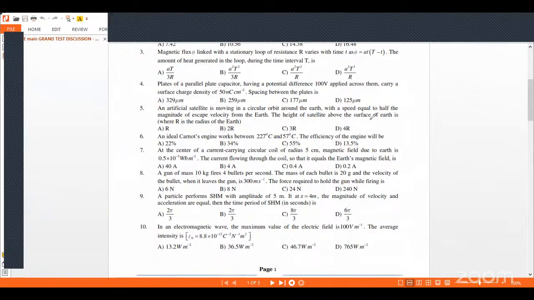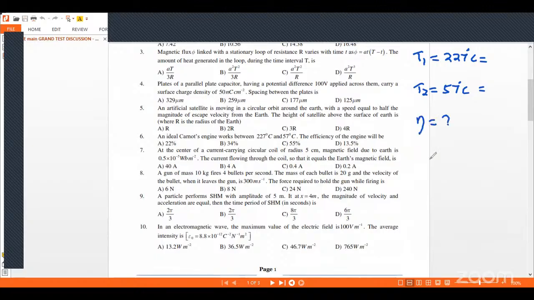An ideal Carnot engine works between T1, temperature of source, 227 degrees Celsius, and T2, 57 degrees Celsius. Always, while solving the questions on Carnot engine, we need to convert into Kelvin. We need to find efficiency.